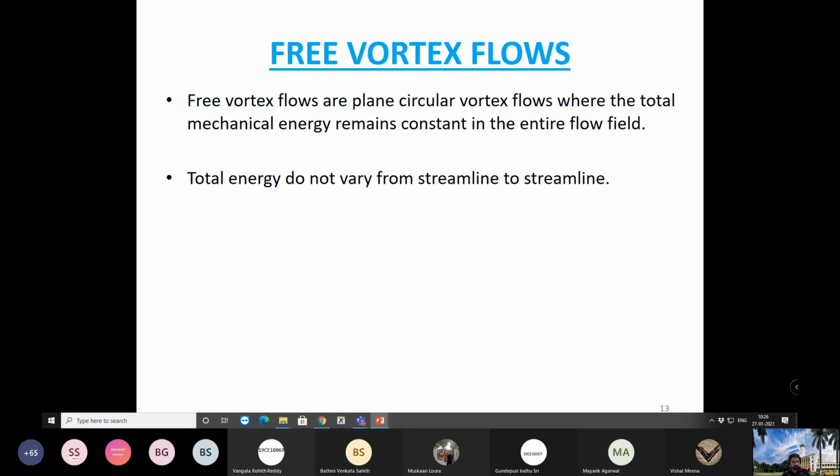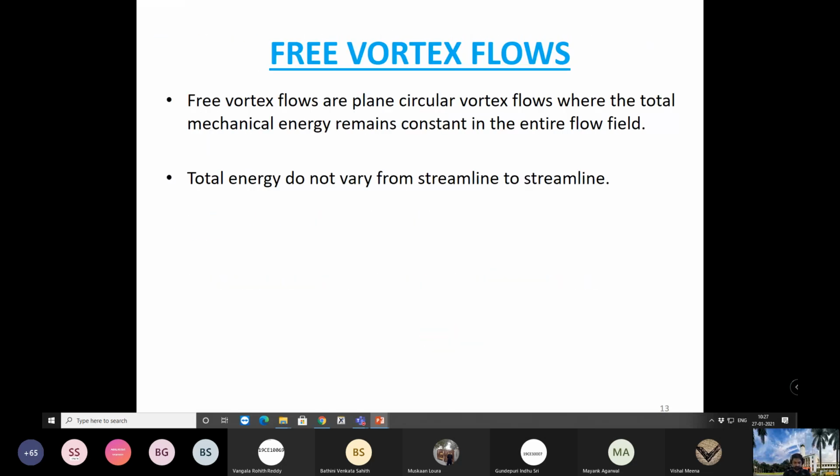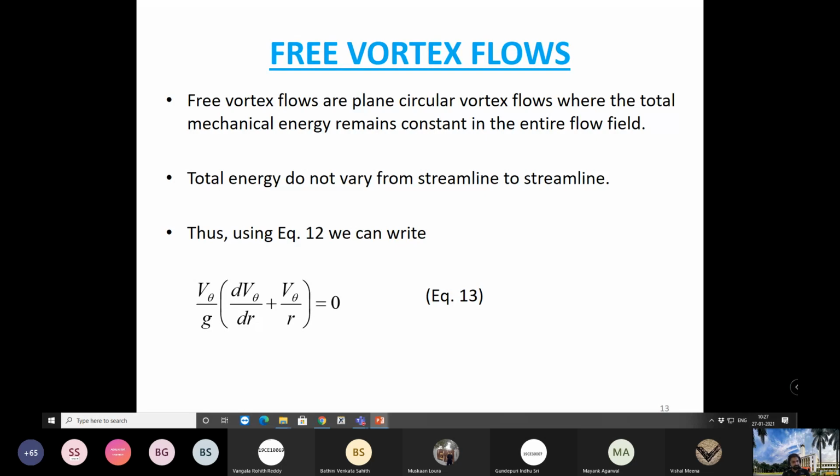So total energy in free vortex flows does not vary from streamline to streamline. Thus, the previous equation, equation 12, can be reduced: the left hand side becomes 0. It's V theta by g, dV theta by dr plus V theta by r is equal to 0.